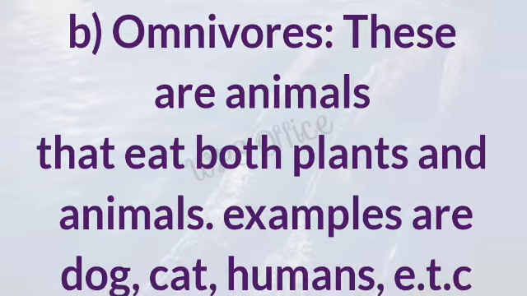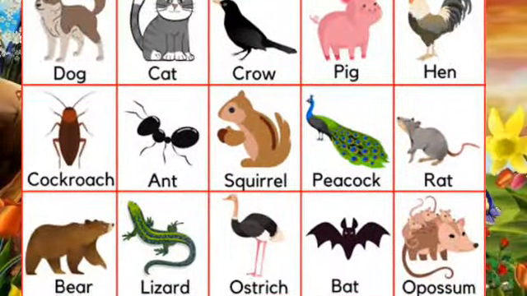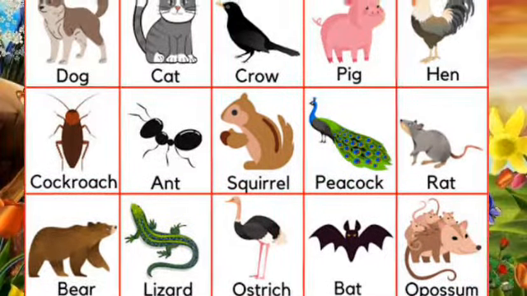Next, omnivorous animals. These are animals that eat both plants and animals. Examples of omnivorous animals are dogs, cats, humans, etc. Next, this is a picture showing more examples of omnivorous animals.